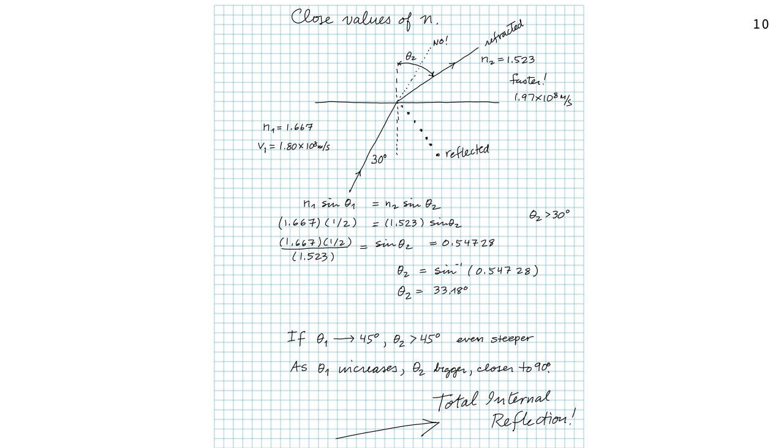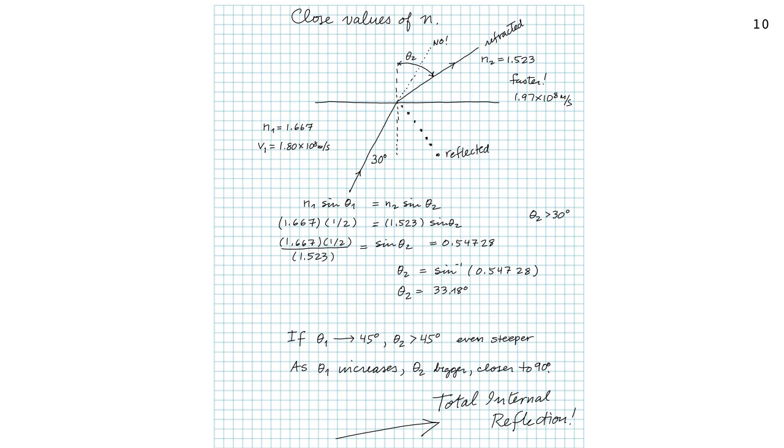All right, so here we go. 1.667 times 1/2, and divide both sides by 1.523. So here's my quotient, 1.667 times 1/2 divided by 1.523, and that's equal to the sine of theta 2. So what do you get? 0.54728 for this quotient.